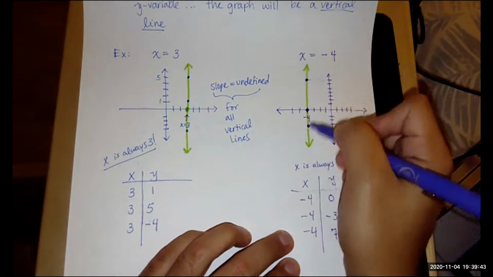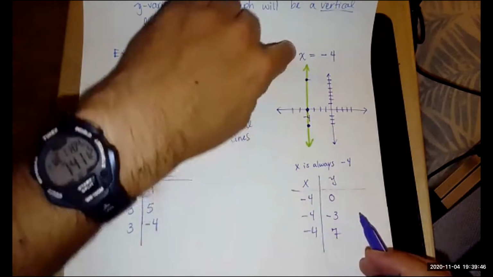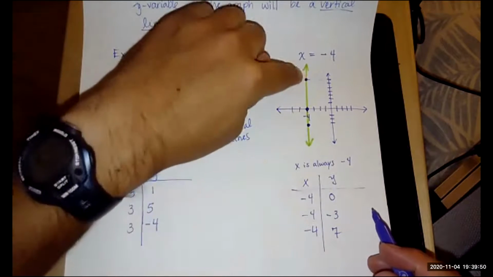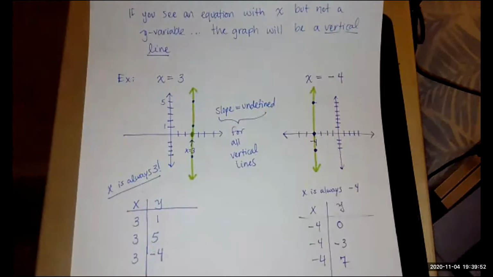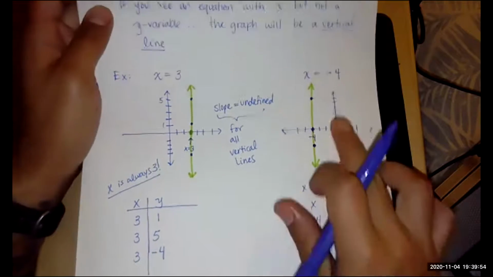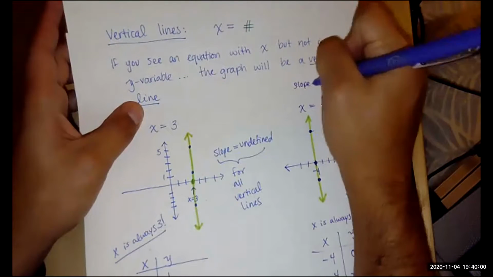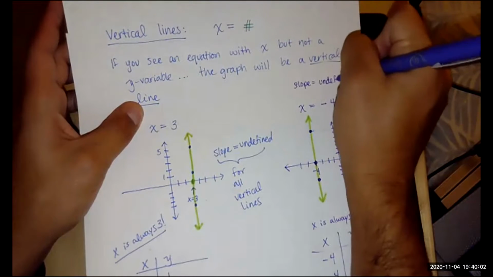And all 3 of these points satisfy this equation, right? That is, all 3 of these ordered pairs fall on the vertical line. And again, if I asked you what is the slope of this line, I would say that the slope here is undefined.